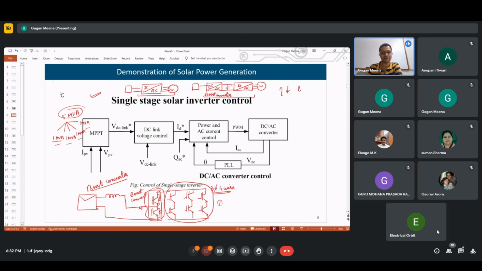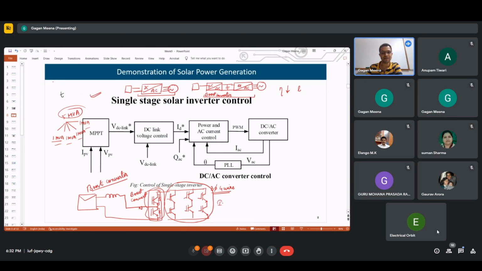Similarly, there is another option, which is DQ0. Here also we get three values, a combination of all three ABC values. Just as we have already studied one frame of reference, that is sequence transformation. Sequence components, have you heard of this? We use this in short circuit analysis, fault analysis.